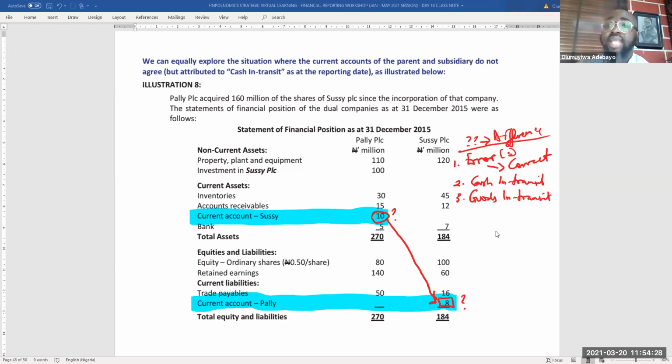Something might just fail, whether through Interswitch or RTGS or NIP or one story or the other. Now, this cash in transit is prevalent at the end of the year. Let's say on 30th of December, a Friday, the bank opens only on Friday, not on Saturday. You've sent instruction to the bank, and the bank has debited your account in the hope that they've credited your subsidiary's account in another bank.